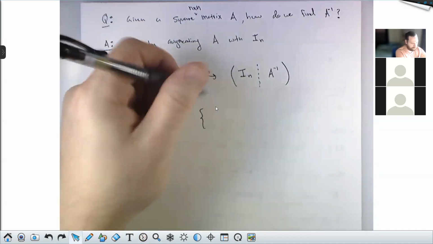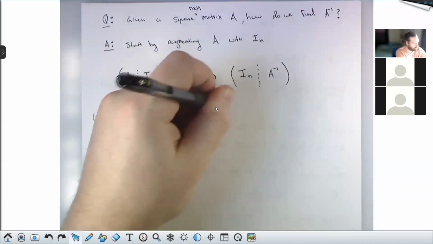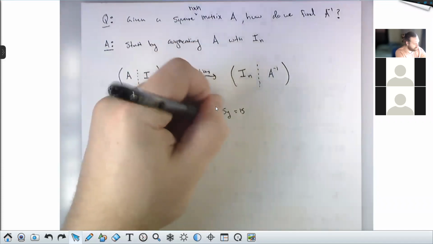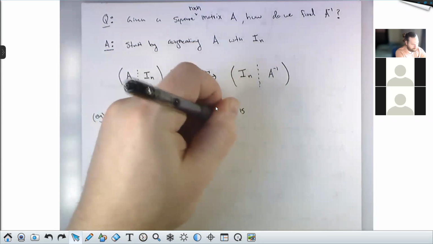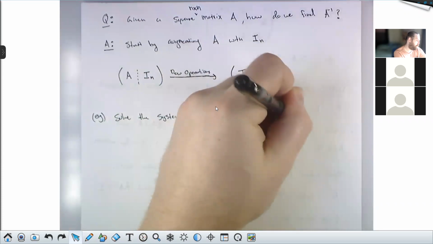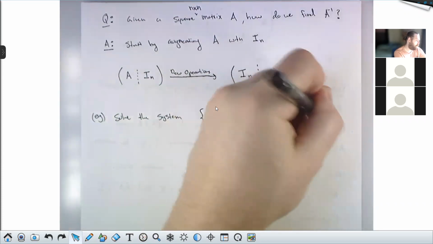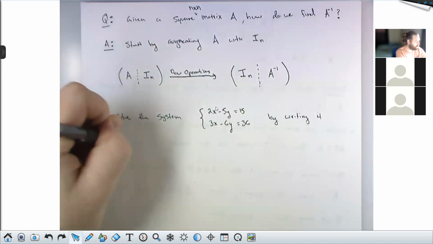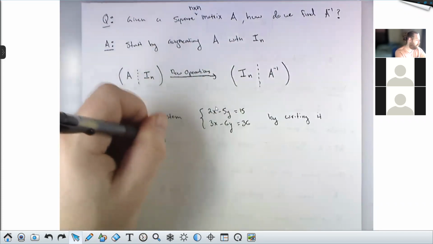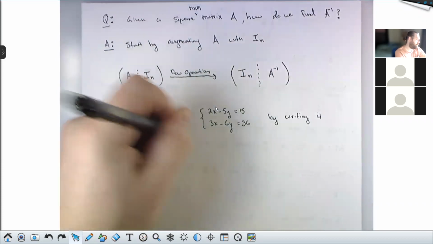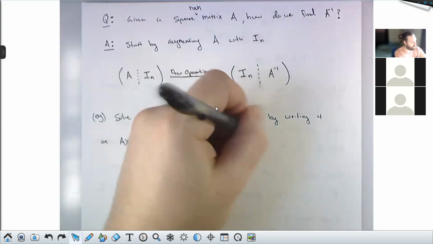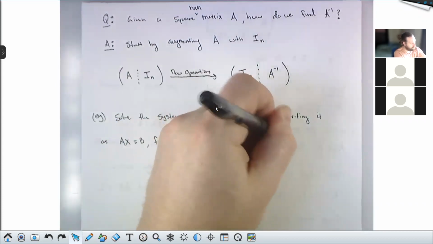Here, I'm going to do just a 2 by 2, 2x minus 5y equals 15, 3x minus 6y equals 36 by writing it as AX equals B, finding A inverse and solving the matrix equation.